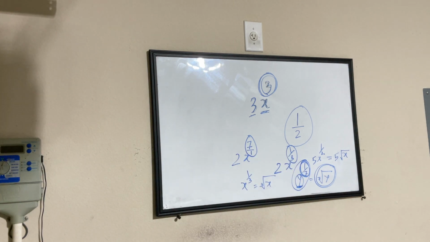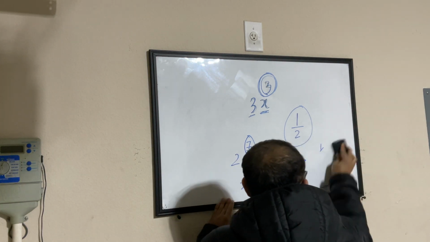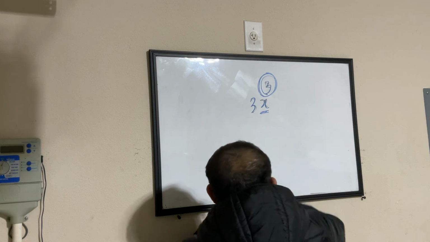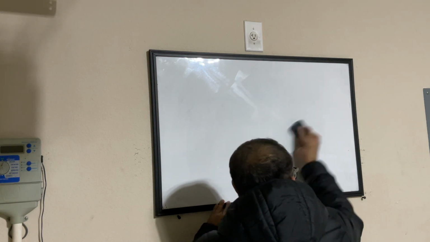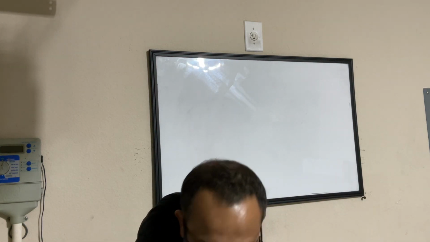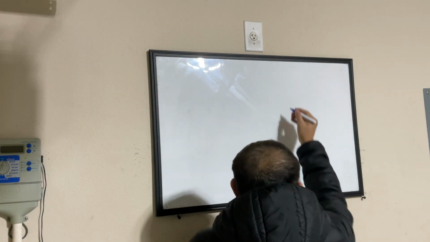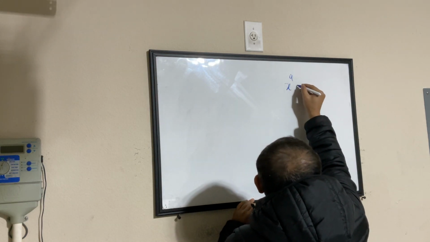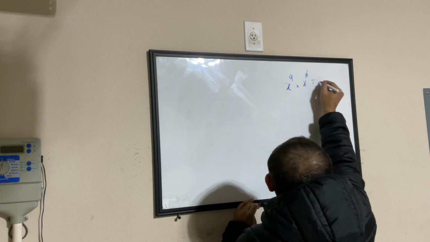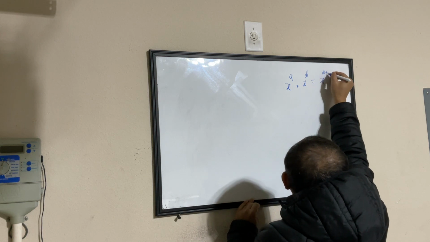Now let's quickly touch upon some of the basic rules of exponents that everybody would be knowing about, and then we'll do a few sums so that we can reaffirm that whatever we know conceptually, we are able to apply in the problems also. If I have x to the power a times x to the power b, that is x to the power a plus b.